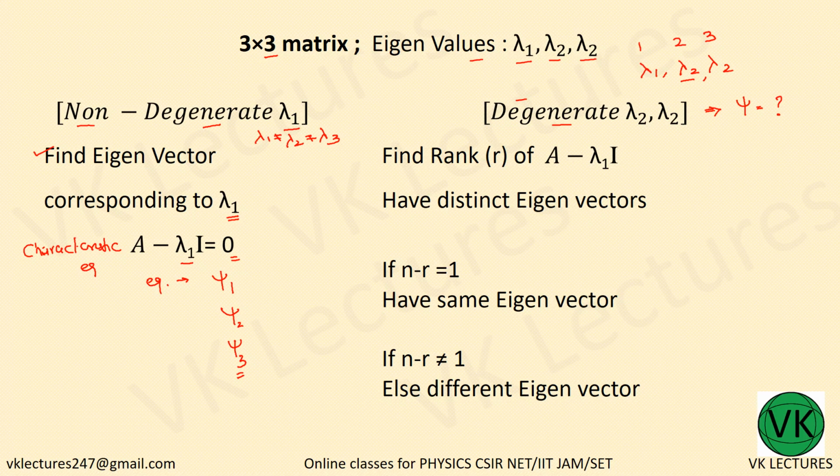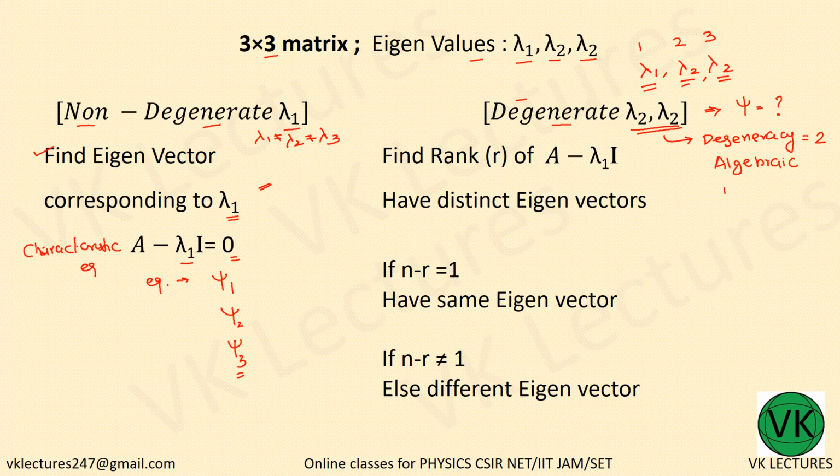For lambda 1, we can use the same method as in the case of non-degenerate eigenvalues. For lambda 2 and lambda 2, that is the second and the third eigenvalue, which is degenerate, degenerate means they are the same. Same means degeneracy equal to 2. This is also called algebraic multiplicity.